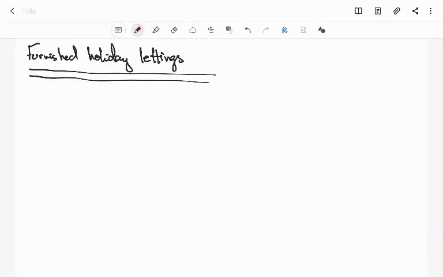Okay, furnished holiday lettings. There are special rules for furnished holiday lettings. So, what are those? The letting is treated as if it were a trade.